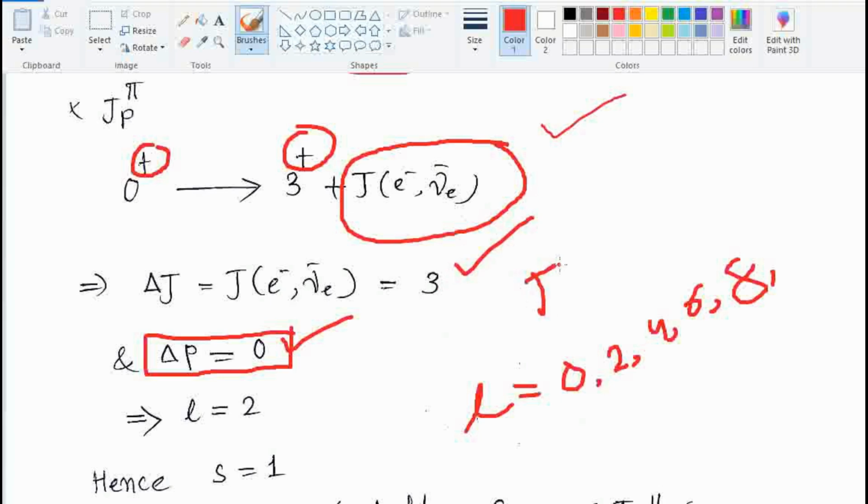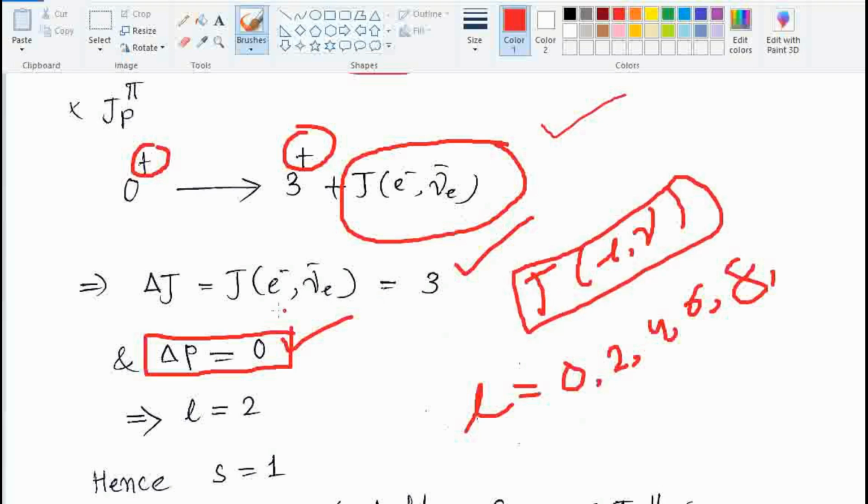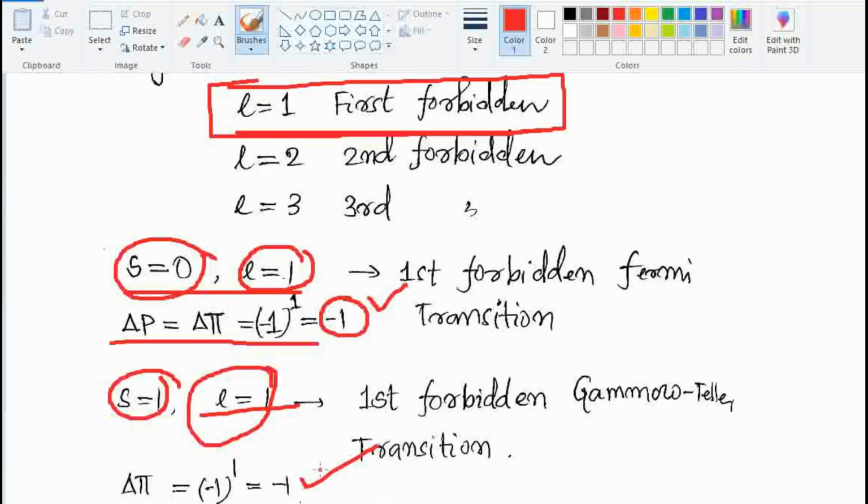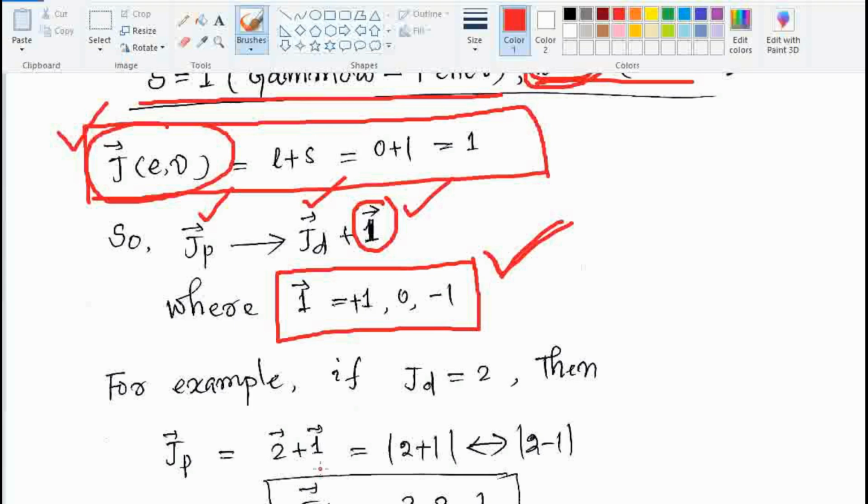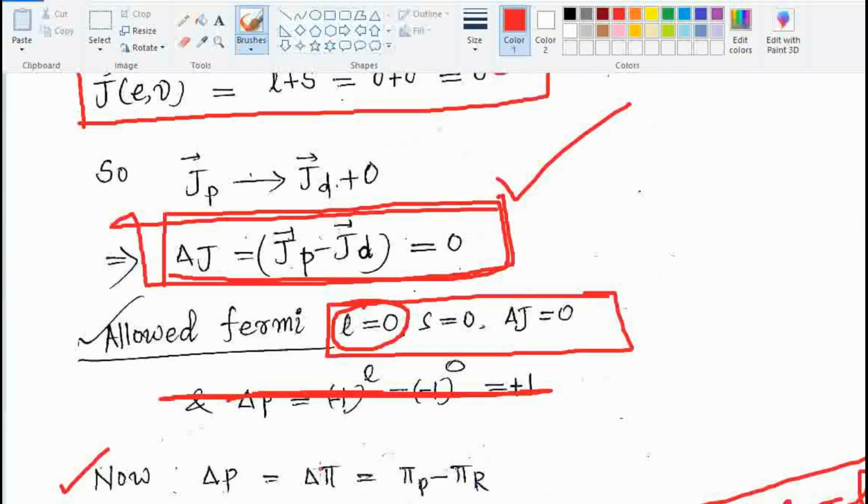J is the spin of the electron and antineutrino. This J is nothing but the change in J, which is del J. So to get 3, if you put L equal to 0, S cannot be more than 1, because S is either 0 or 1. This is our restriction.